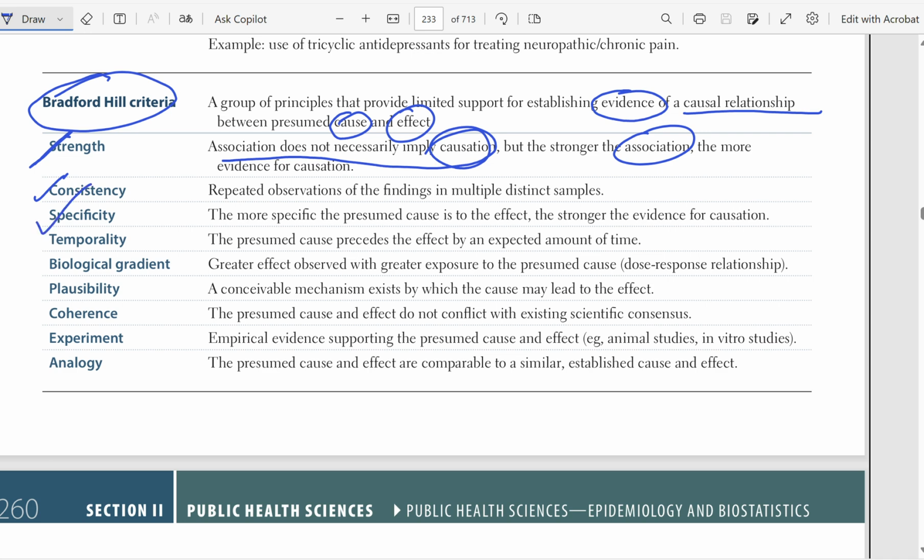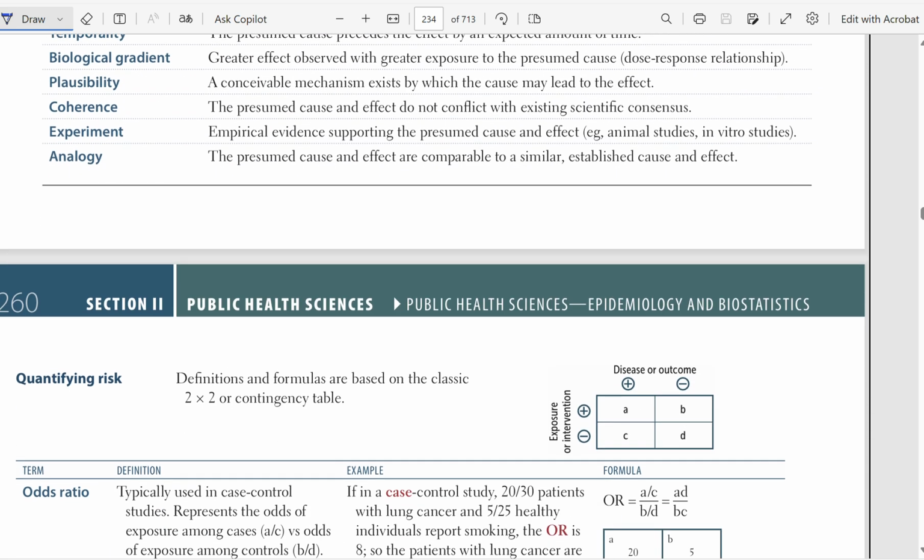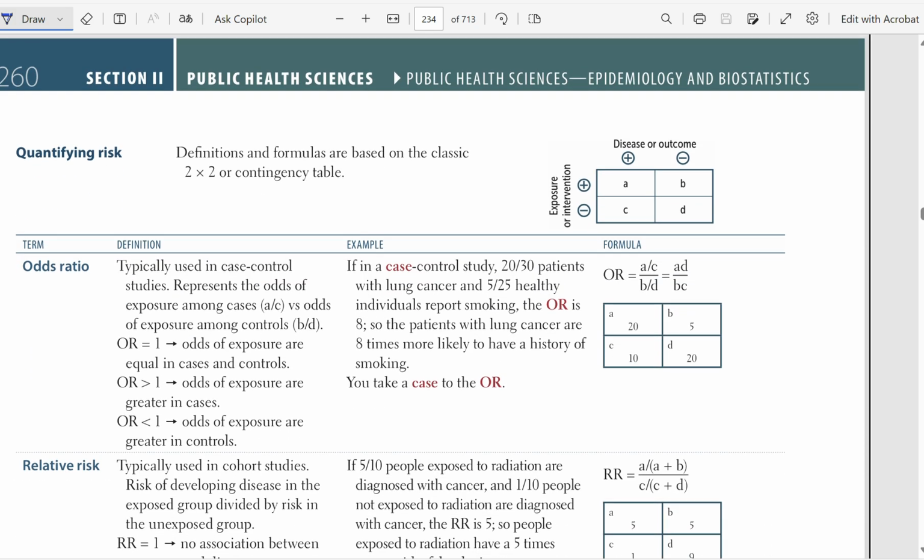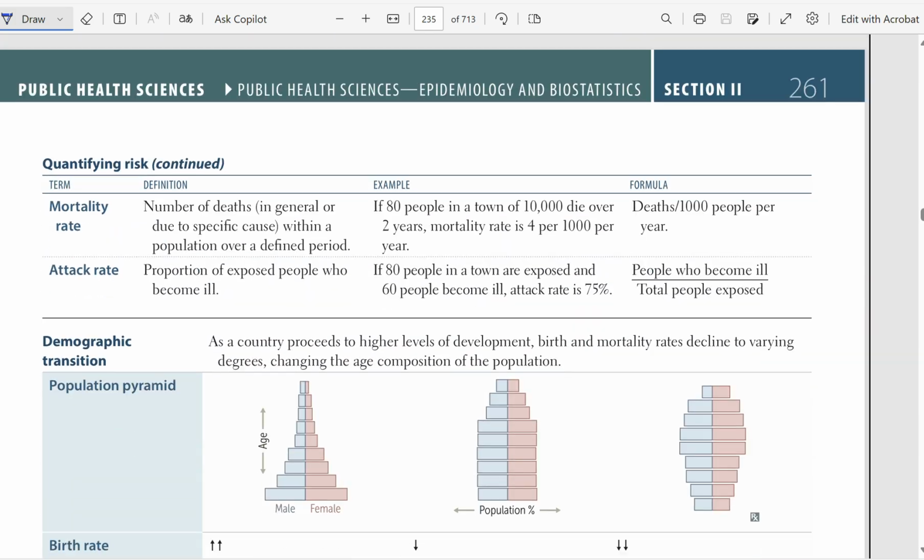If it is specific, if there is temporality, where the cause precedes the effect. And if we are measuring biological gradient, plausibility, where a mechanism exists by which the cause may, if there's coherence, if there's analogy.